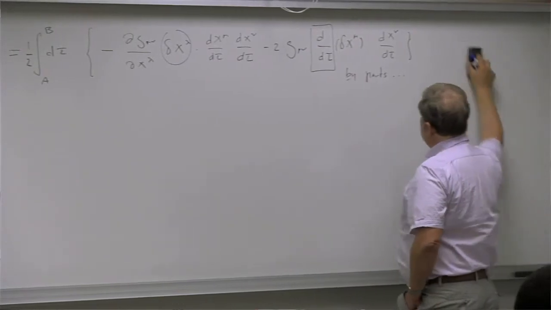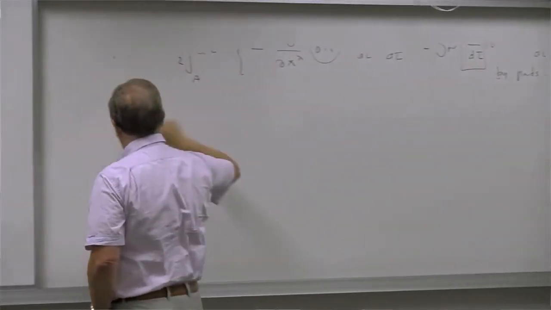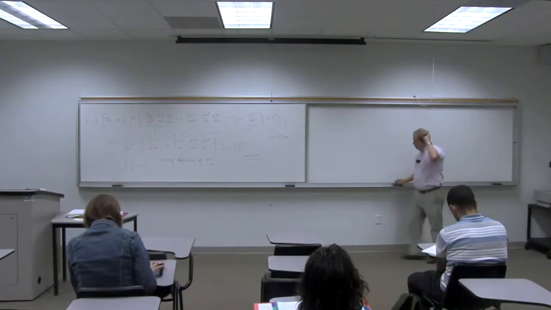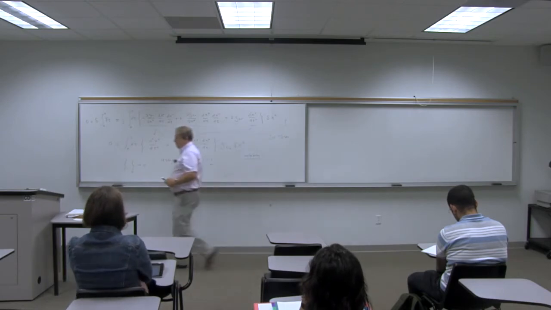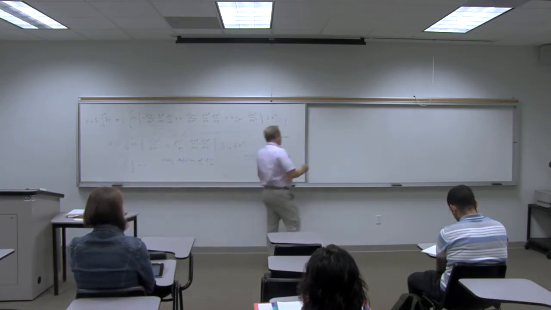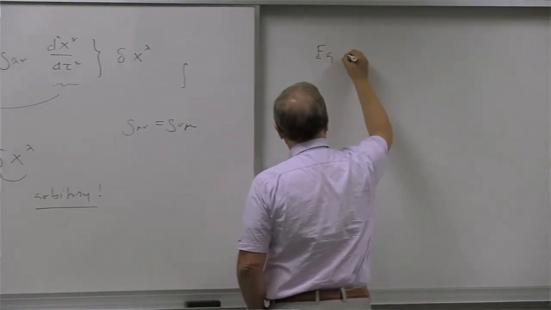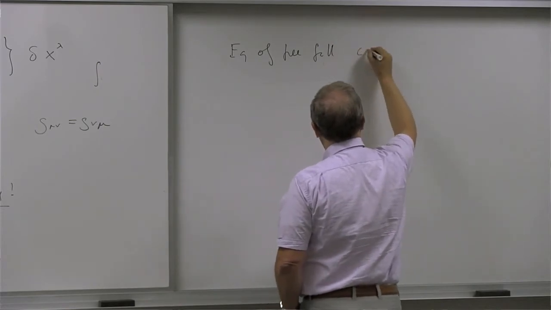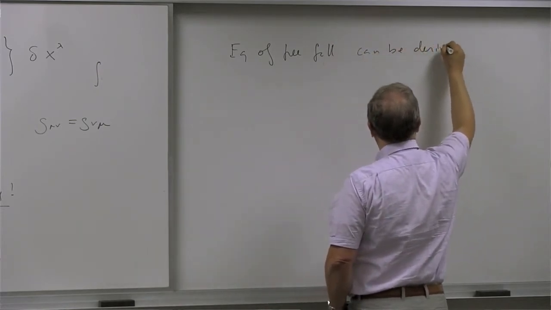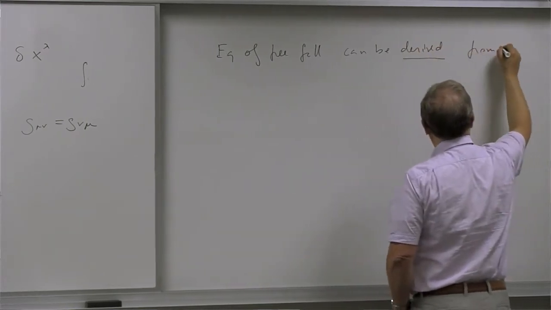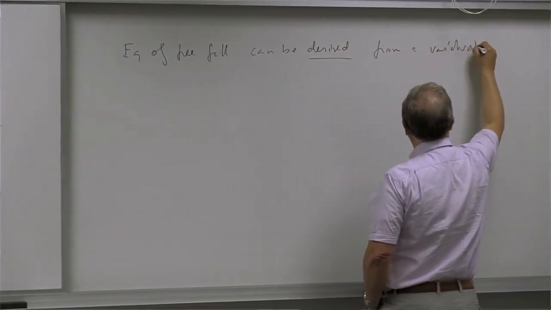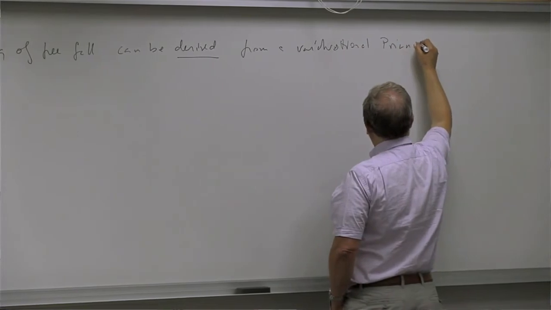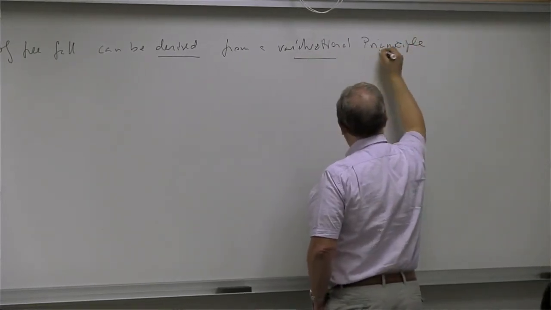So let's think about that, because it is really something of fundamental importance and interest, which is in part at the basis of the geometric interpretation of general relativity. We have discovered that the equation of free fall can be derived from a variational principle.